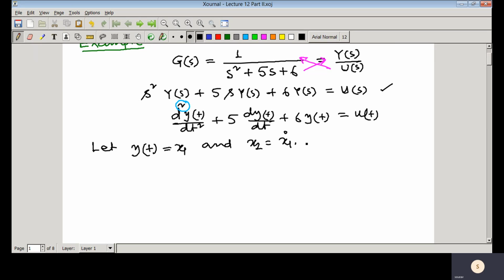Here I want to mention one particular terminology, called the phase variable. One state variable is the time derivative of the other state variable.